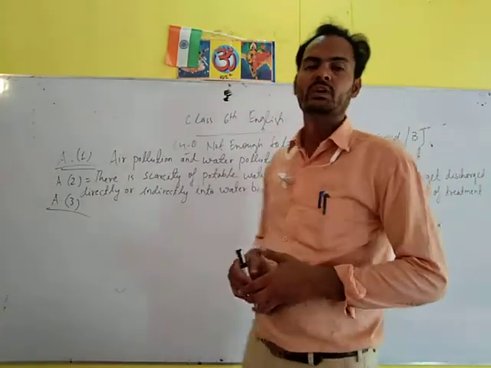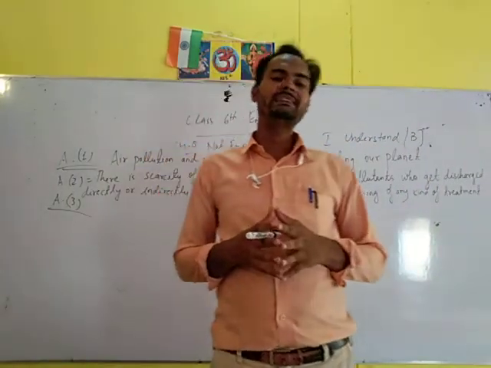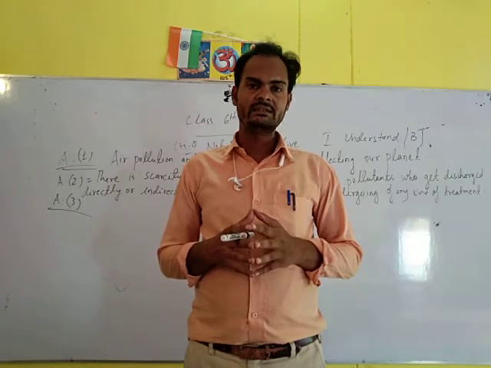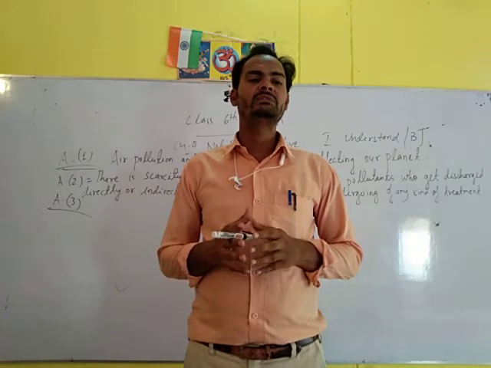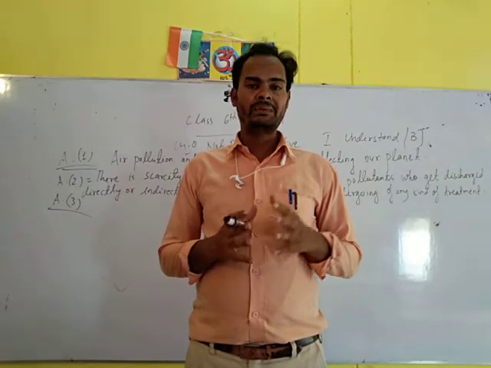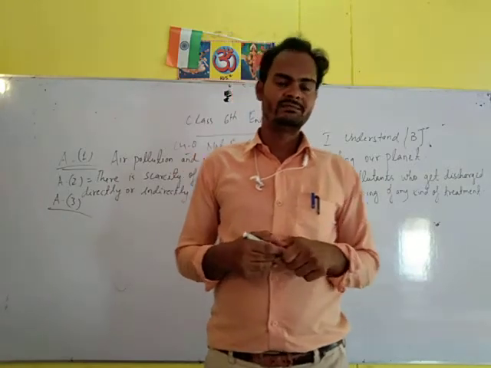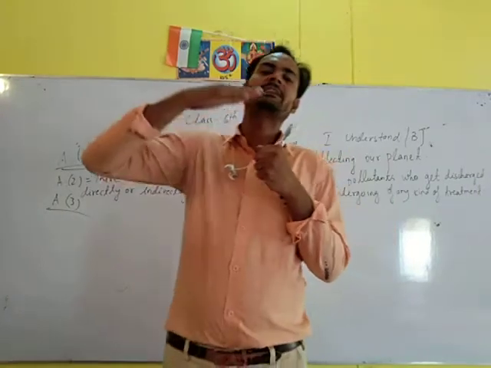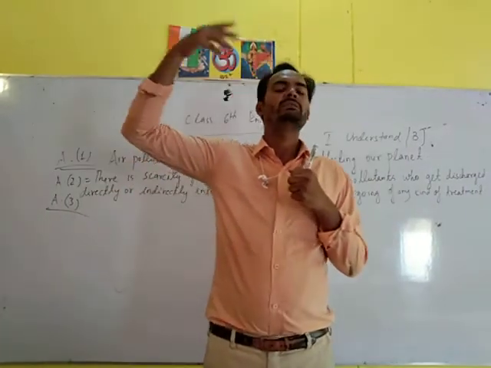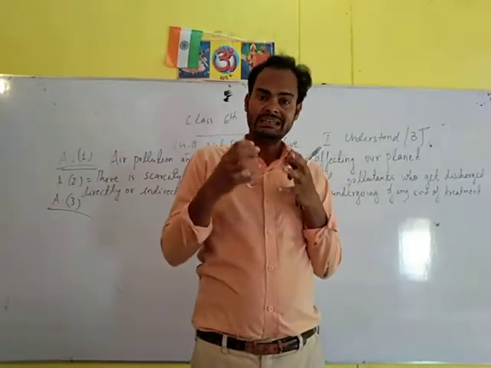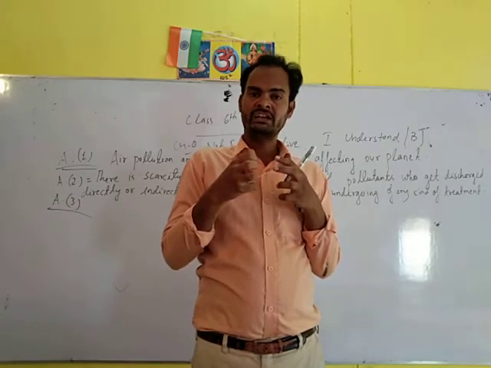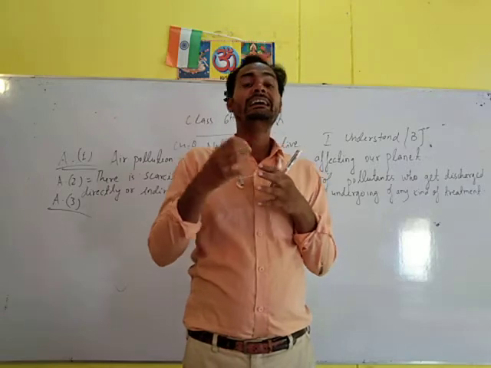Students, as we know, carbon dioxide is a greenhouse gas, and what greenhouse gases do is trap the sun's heat, catch the sun's heat into them, and after the sun's departure, in the evening also, that heat which is trapped in greenhouse gases like carbon dioxide radiates.